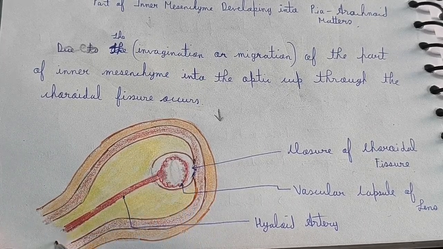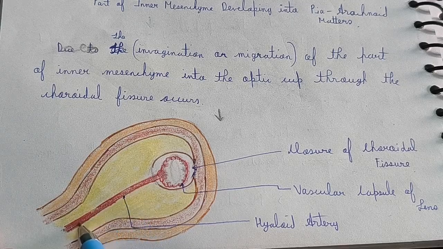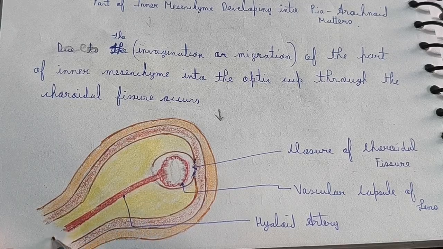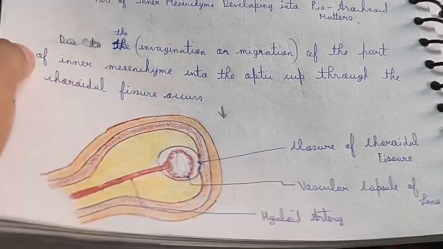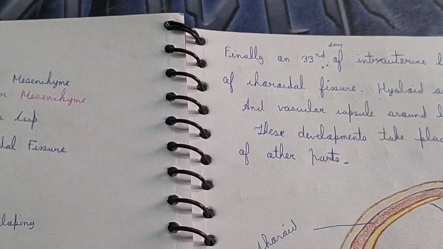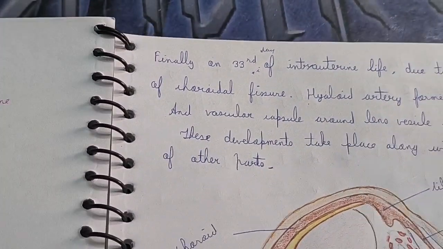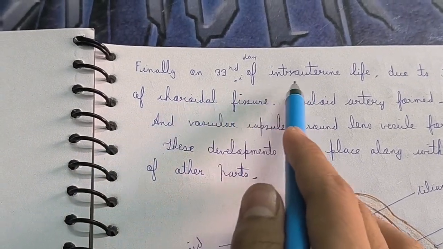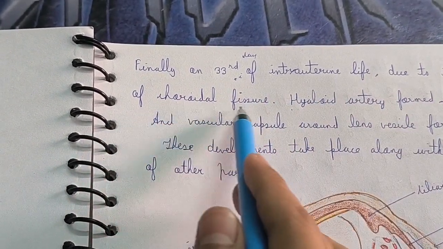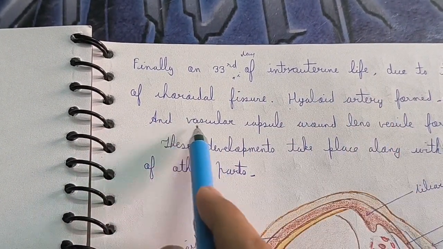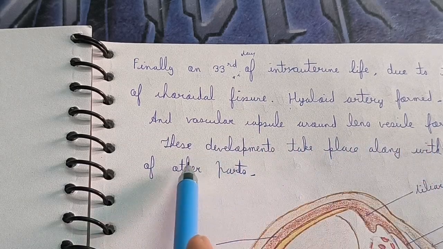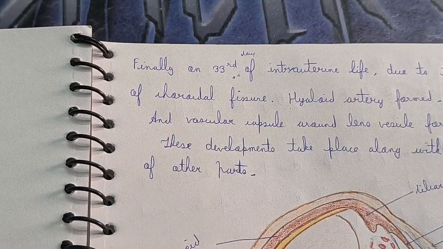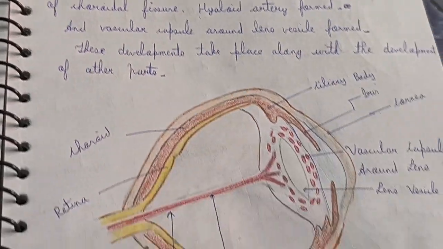It also goes into the optic cup and then to the optic stalk. So I have written that finally, on the 33rd day of intrauterine life, due to closure of the choroidal fissure, the hyaloid artery forms and a vascular capsule forms around the lens vesicle, and these developments take place along with the development of other body parts.